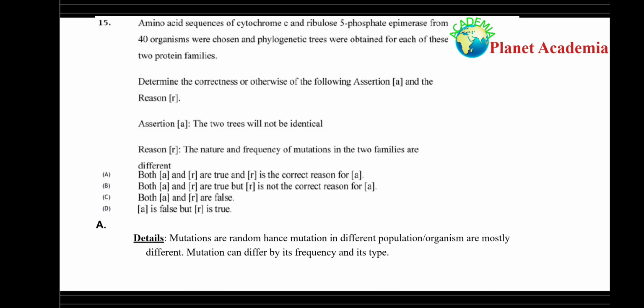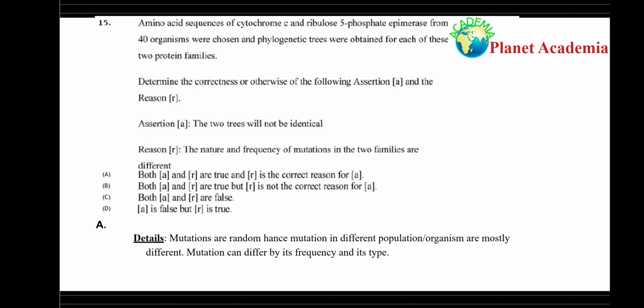Now going to the 15th question: amino acid sequences of cytochrome C and ribulose 5-phosphate epimerase from 40 organisms were chosen, and phylogenetic trees were obtained from each of these two protein families. Determine the correctness of the assertion and the reason.